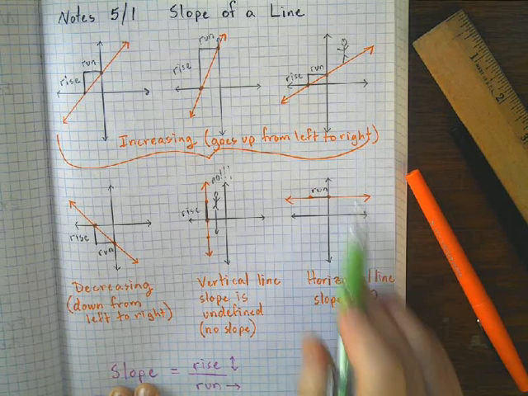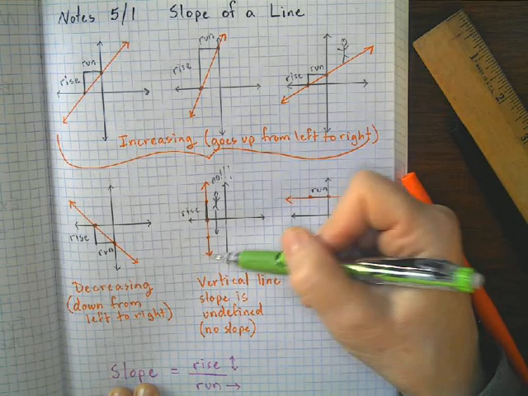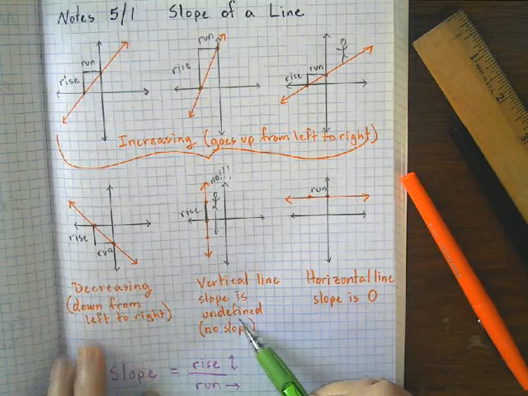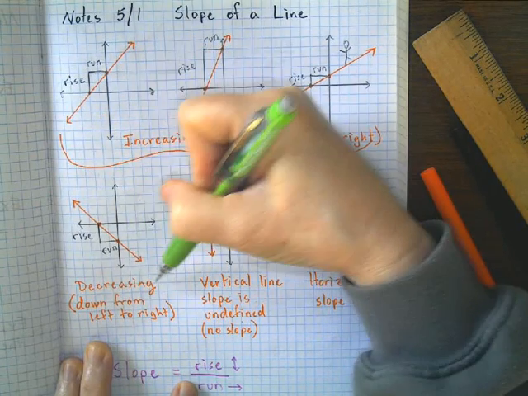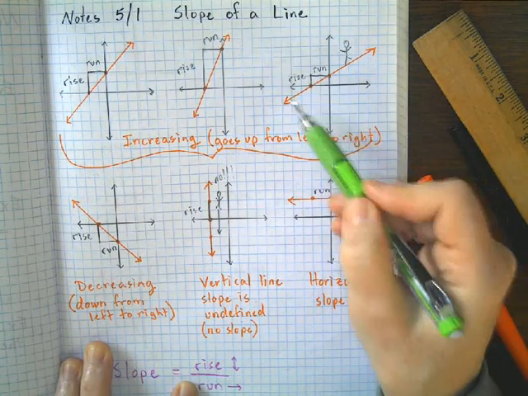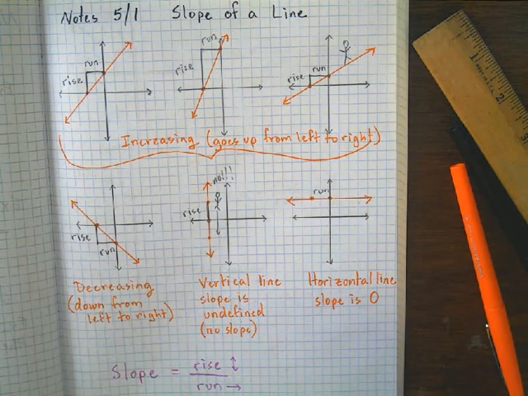What's the slope of a horizontal line? The slope is 0. What's the slope of a vertical line? The slope is undefined. And if the slope is going down, we say it's decreasing. If the slope is going up, we say it's increasing. So these are the things that you need for today's Math Space.